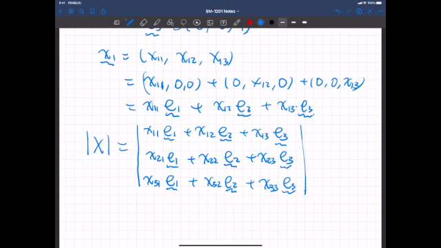Okay, now we already know that the determinant operation is a multilinear operation.